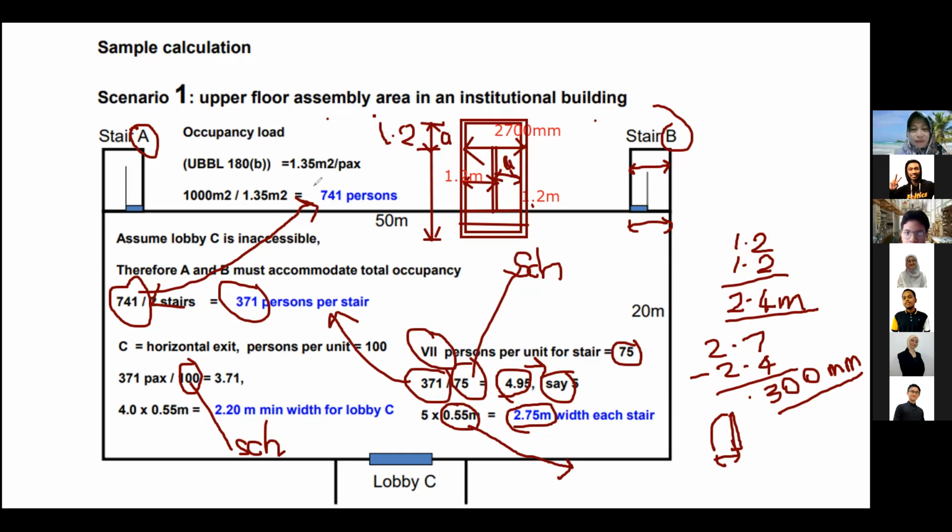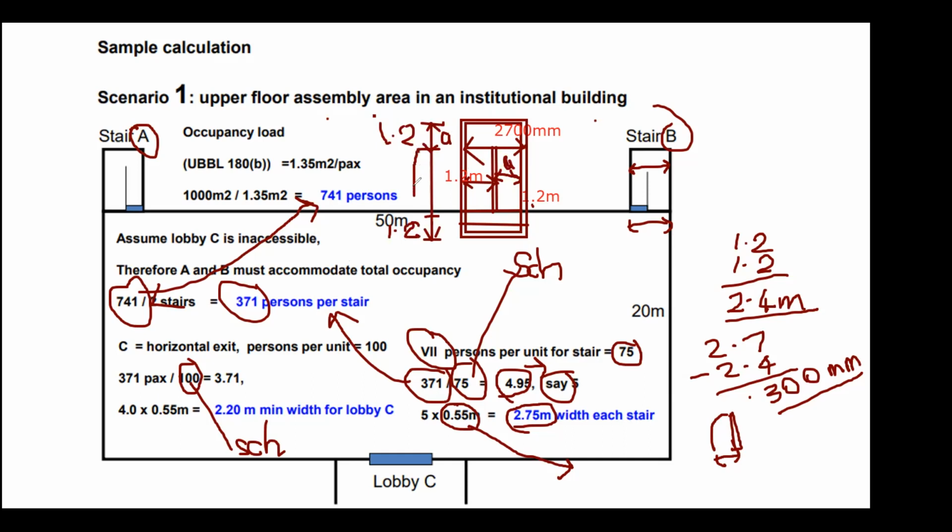See? 1.2 there, 1.2 here. And how to calculate, how to determine? This is based on how many steps. To calculate how many steps is based on the height of the building. Let's say this is 3.6 meters. So 3.6 meters, you divide by what? Tread and riser.